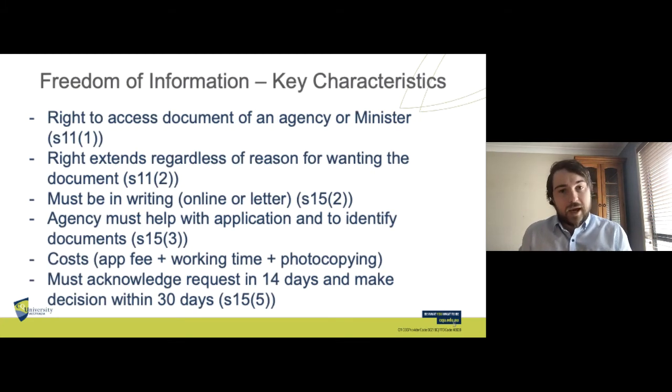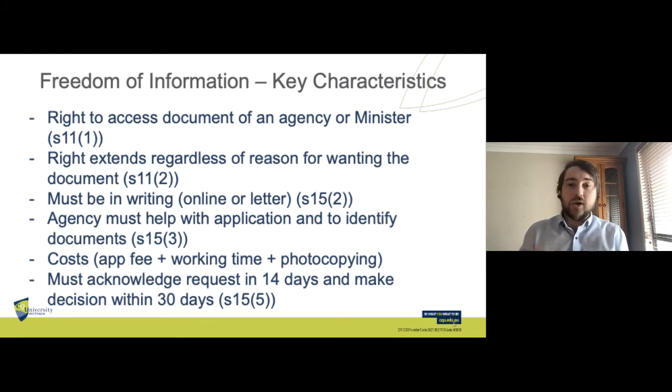So some of the key characteristics of the Freedom of Information Act broadly is that Section 11 creates a right of citizens to access any document of an agency, so say a government department or a minister. And what's important under Section 11, subsection 2, is that that right extends regardless of the reason for wanting the document.